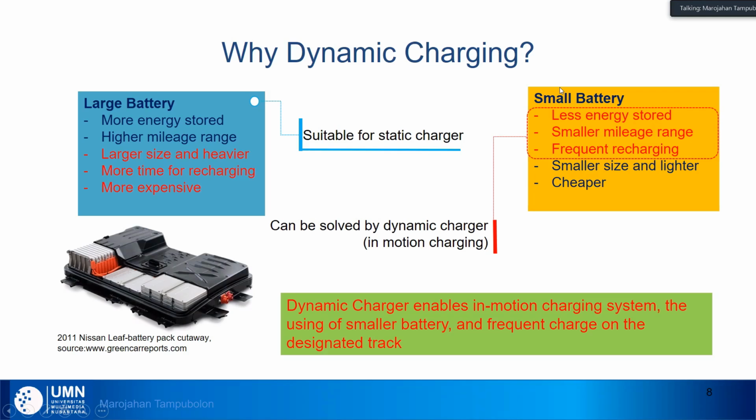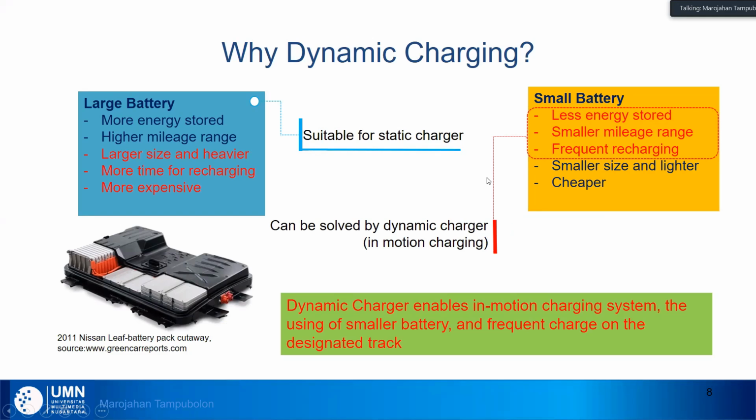And how about the small battery? The con side is less energy storage and a smaller mileage range. So that's why it will need frequent recharging. But the advantage is it will have a smaller size, be lighter, and also be cheaper.